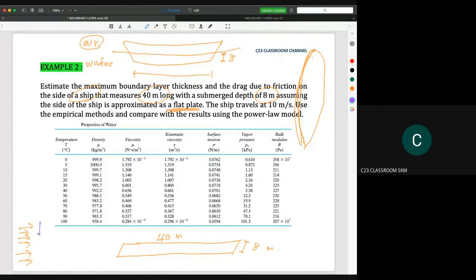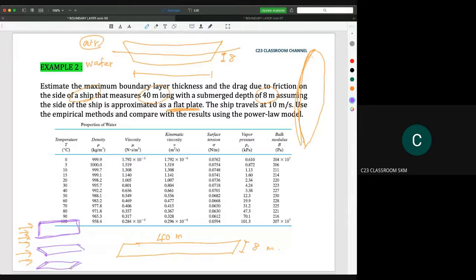You may put your flat plate vertical like this. You may also put your plate horizontal like this, or maybe you could put your plate in a certain angle. It's okay because it will create totally the same behavior of boundary layer.